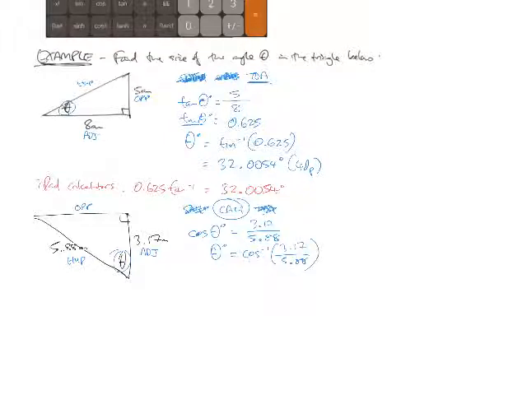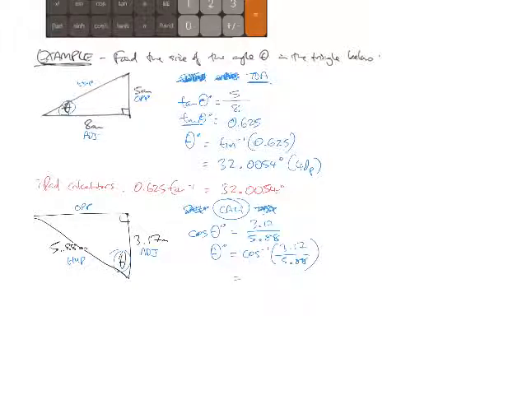So access the second function of the calculator, 3.17 divided by 5.88. On your calculators on the iPad, you need to do 3.17 divided by 5.88 first, find the answer to that, and then press inverse cosine.